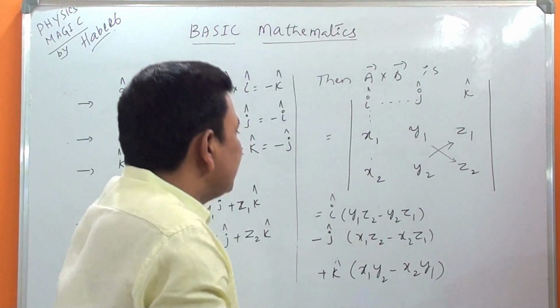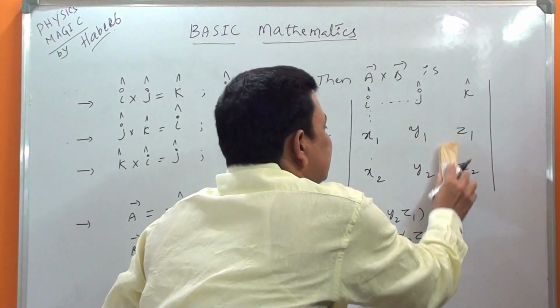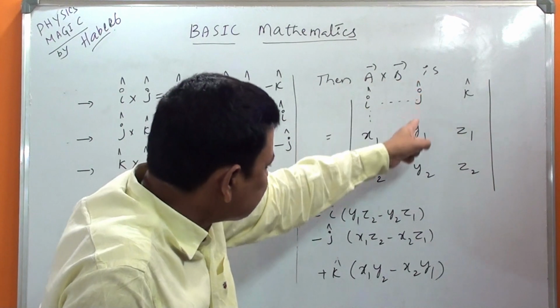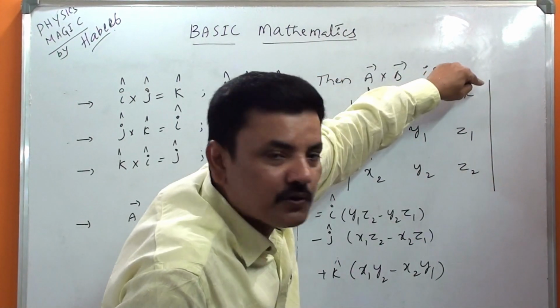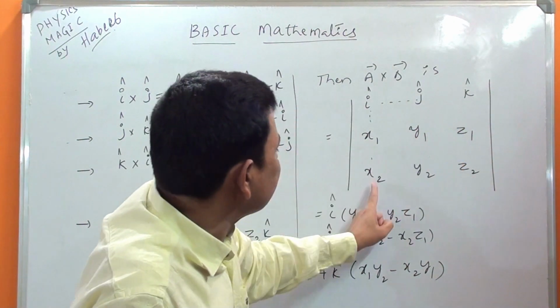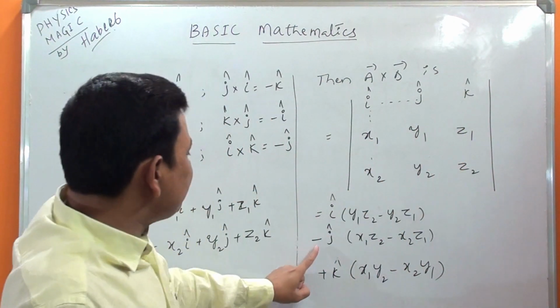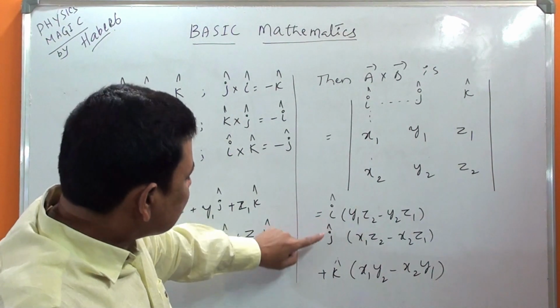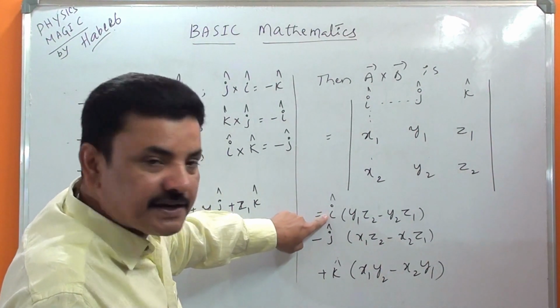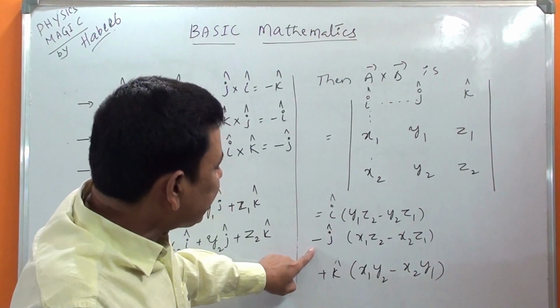Okay, leave it. Now the second term we are writing. When you are writing j, once again j's column and j's row you have to leave, then you will be left with 4 once again: x1, z1, x2, z2. You write the same way, but remember the second one you have to write with minus. First, for i, you wrote a positive sign, but for j you have to write the negative sign.